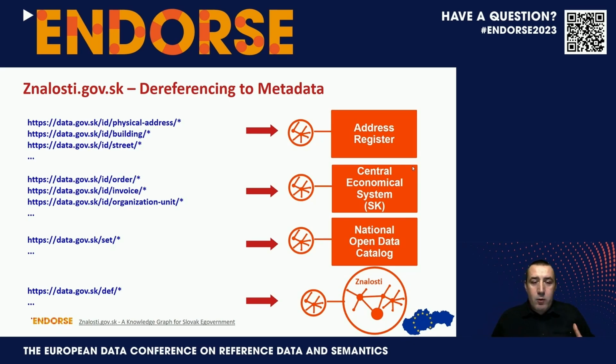So for instance, when I request a URI that represents a resource about physical addresses or buildings, this is routed with dereferencing to the address register. A similar situation is when I request a URI that represents an order or invoice, this is again with dereferencing routed to the central economic system.